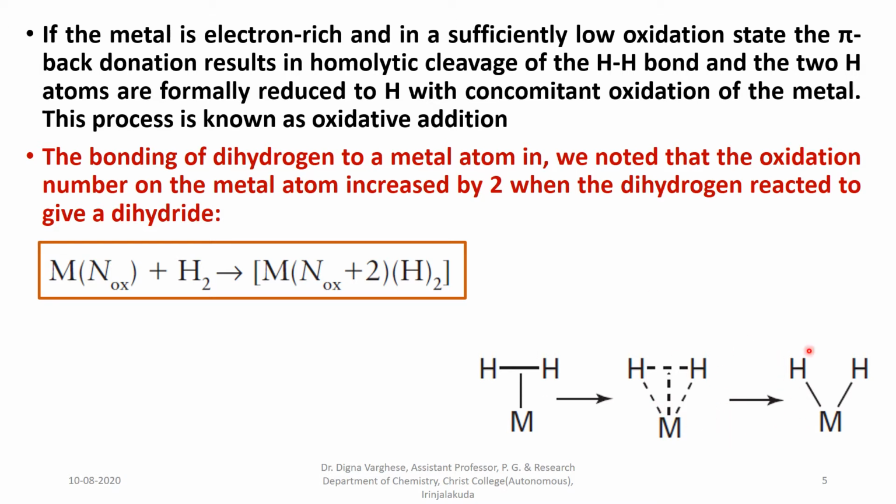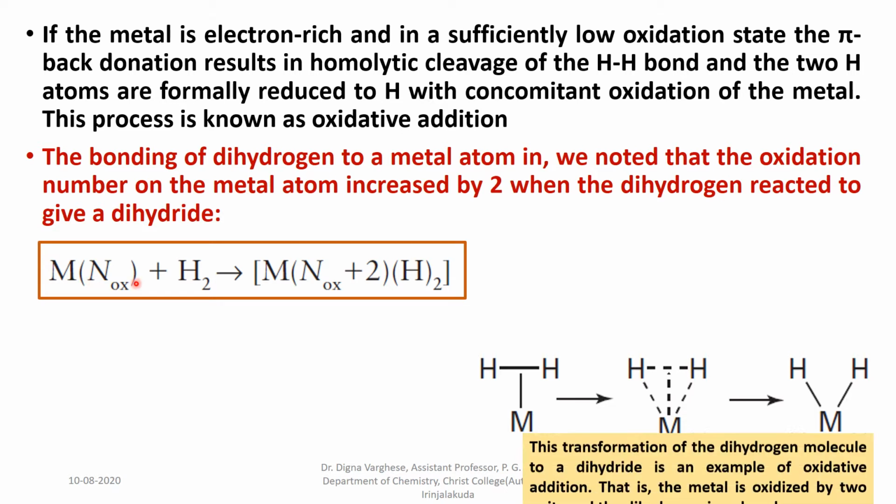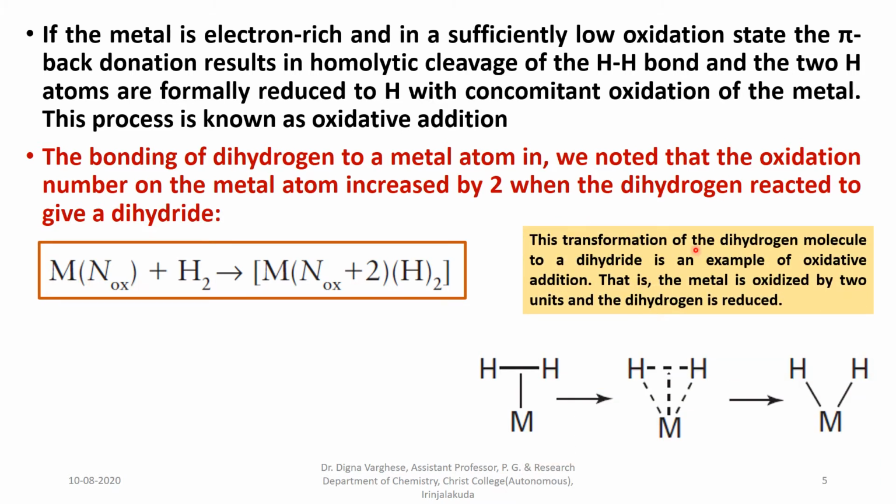This process is known as oxidative addition, by adding a dihydrogen molecule to the metal atom. This transformation of the dihydrogen molecule to a dihydride is an example of oxidative addition. That is, the metal is oxidized by 2 units by this reaction and the dihydrogen is reduced to hydride ion.